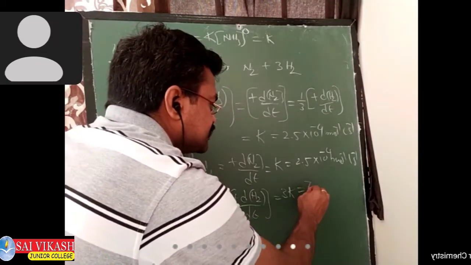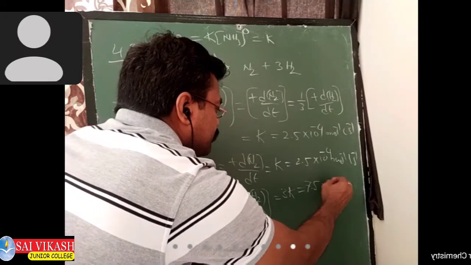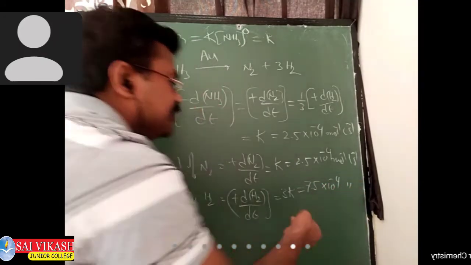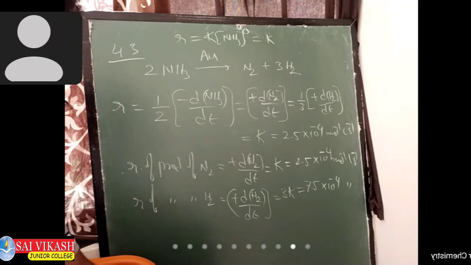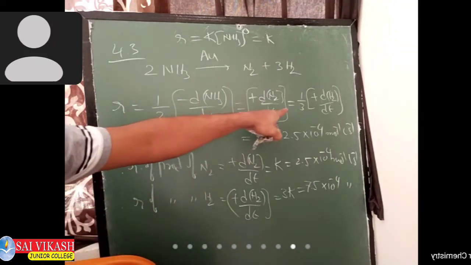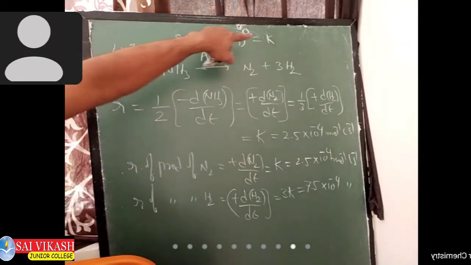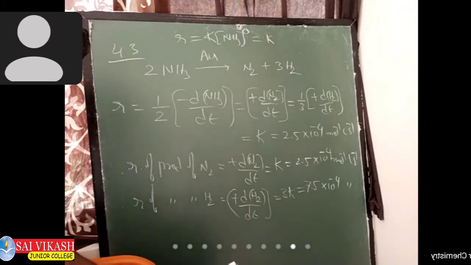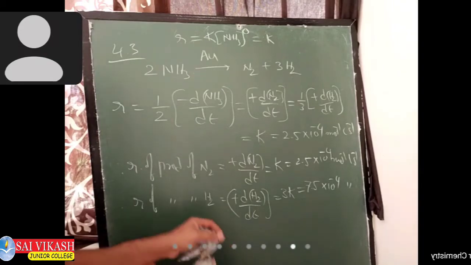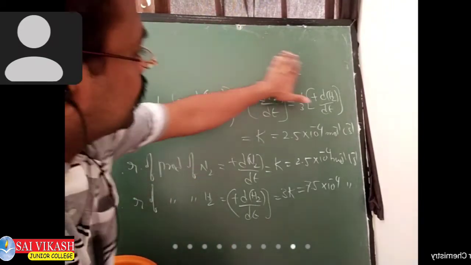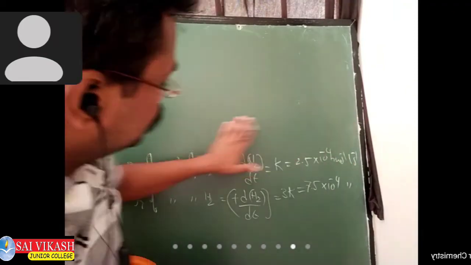So you get 7.5 into 10 power minus 4, with the same units. So this is the answer for 4.3. You just need to write how to write the rate of the reaction, and it is equal to K because for zero order, rate equal to K. So like that you can write question number 4.3. Now coming to 4.2, let us do 4.2. Next question is 4.2.